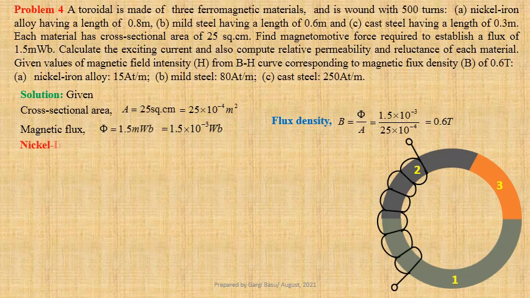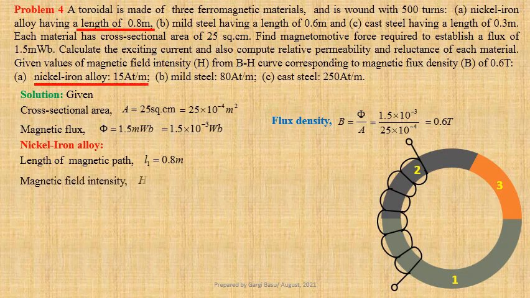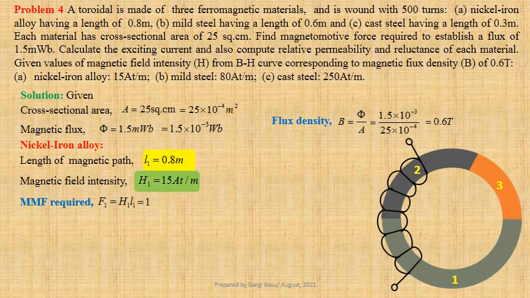For nickel iron alloy, given length of magnetic path L1 equals 0.8 meter and magnetic field intensity H1 equals 15 ampere turns per meter. Let us now determine MMF required. F1 equals H1 into L1. Using values we get 15 into 0.8, that gives us 12 ampere turns.